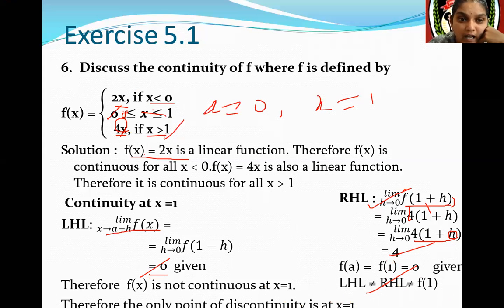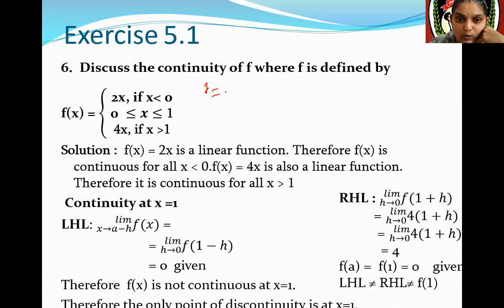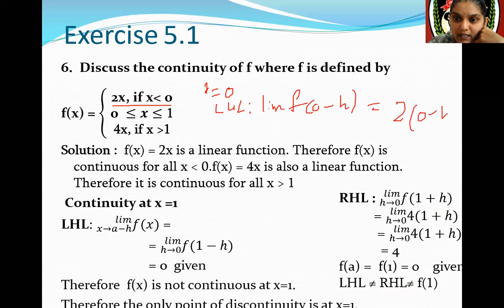And I have told you to check it for x equal to 0 also. What will be the left hand limit? Left hand limit is limit of f of 0 minus h. When it is less than 0, what is the function? It is 2x, 2 into x, where x is 0 minus h. So h is infinitesimal, meaning I get 0.